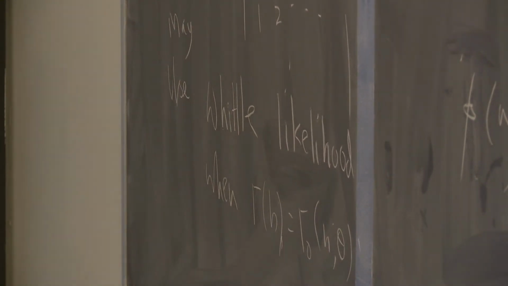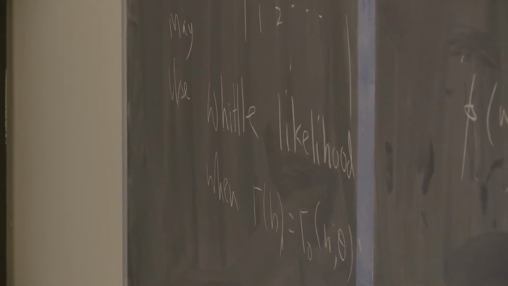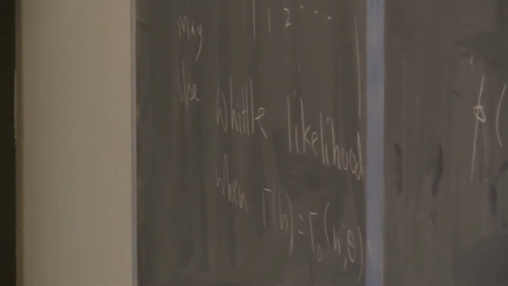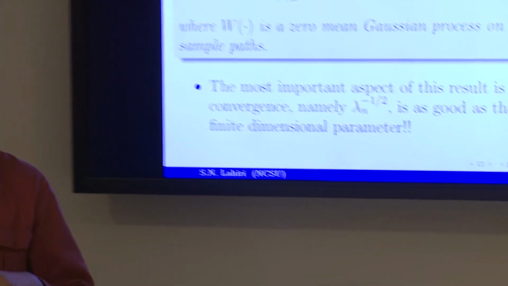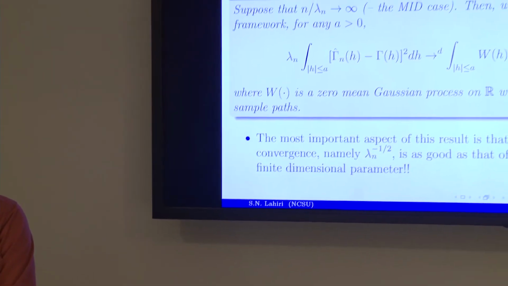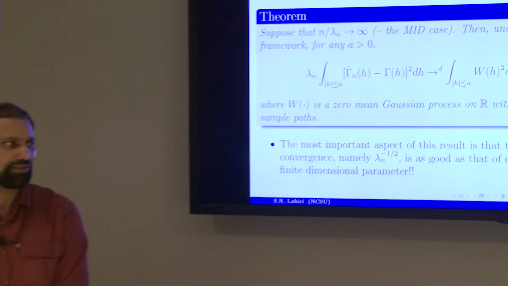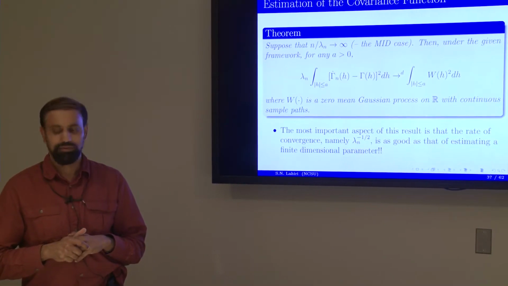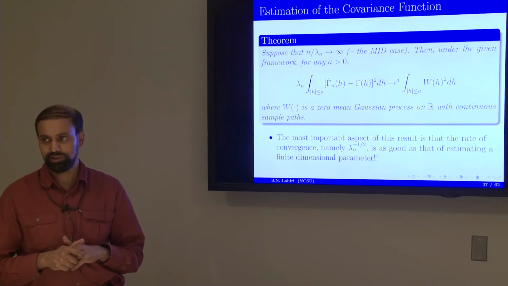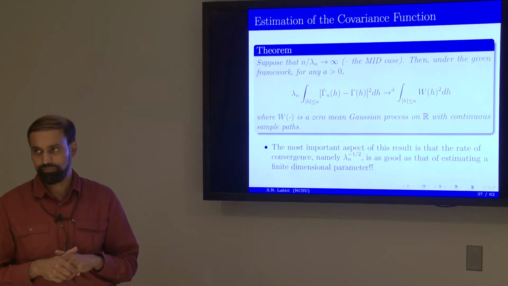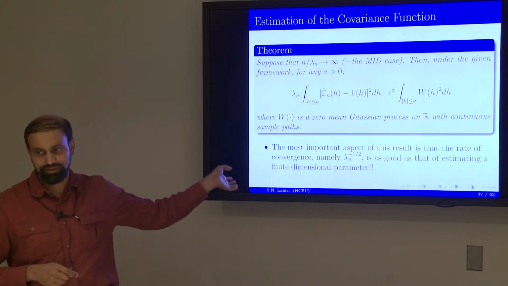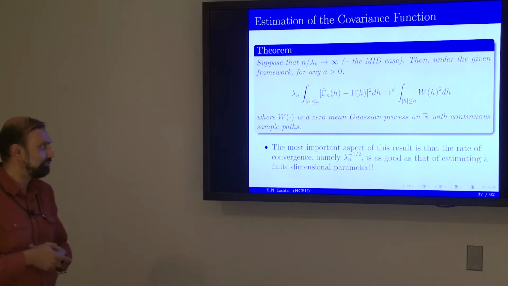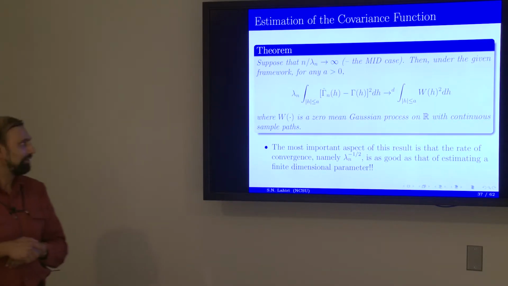So if you have finite dimensional parameters, that's the way people do. That attains root n consistency. There is a paper in 2010 by Matsuda and Yajima in JRSSB. That reference appears here too, if we get to go all the way.